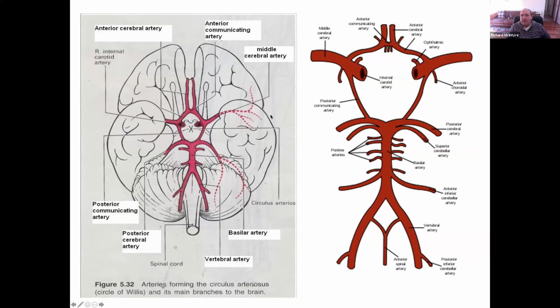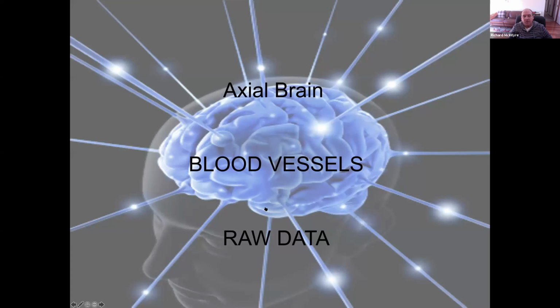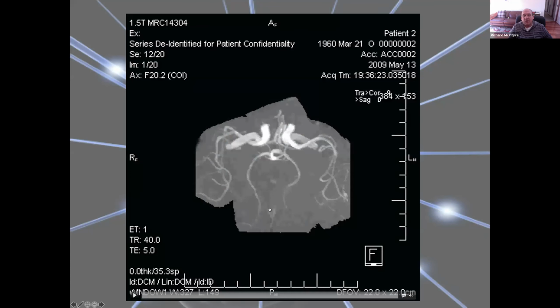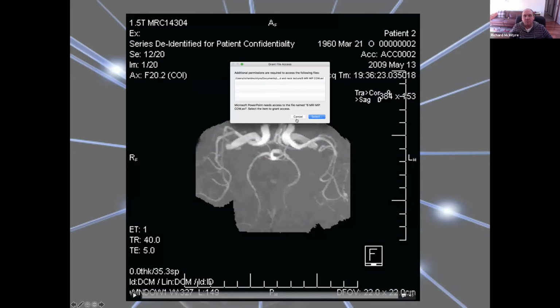All right, and then we have, of course, the circle of Willis. We have our internal carotid artery, our middle cerebral artery, and of course, I've mentioned our anterior cerebral artery. So let's see how we go with those on a CT scan. No, an MRI scan. We're going to look at it from the top, and I think this is quite difficult.